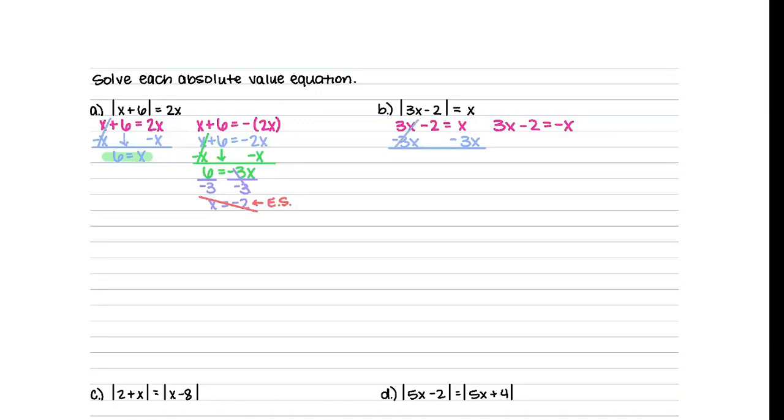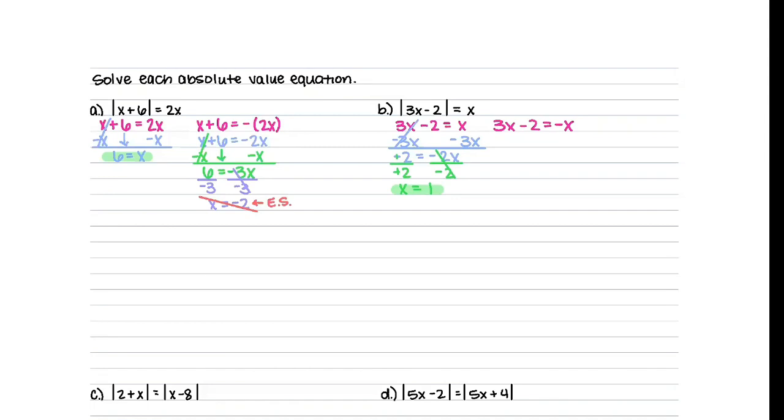I'm going to have negative 2 is equal to negative 2x. We can divide each side by the negative 2. They cancel. So that way you're just left with x is equal to 1. We have a positive number there, so we're good. We don't have to worry about it.